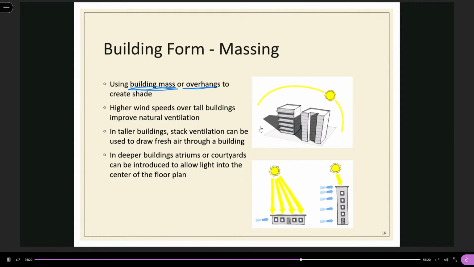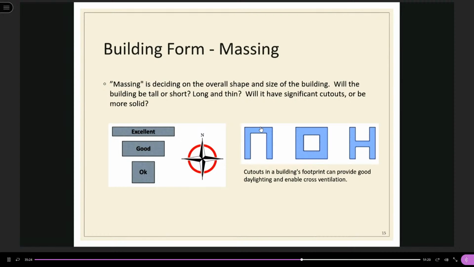Just like in the previous layout, in this diagram, when the sunlight comes from this direction, for example, then the building itself can provide shading to this facade. This part of the building can act as shading to the interior section of the building.